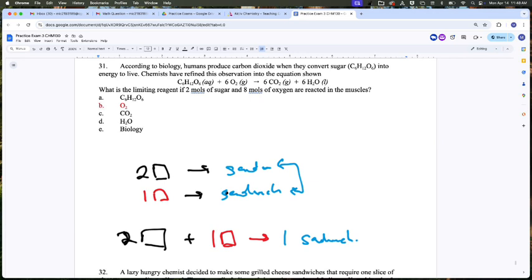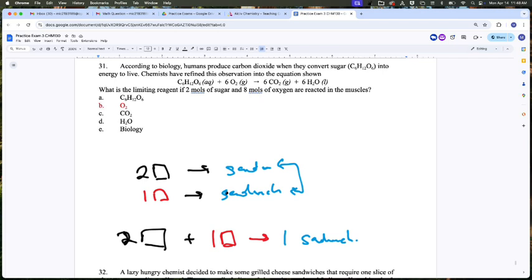Do I need to know how much product is produced? This question doesn't ask for that. So I don't have to take it all the way to sandwiches. All I have to do is get the units into a system that allows me to compare. When we do the two equation solve, all we're doing is getting the units into a singular unit system. I can't compare bread to cheese, but I can compare sandwiches to sandwiches.